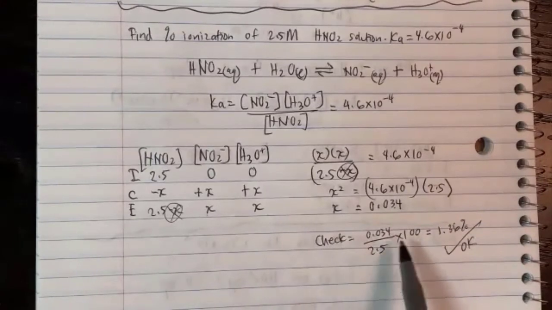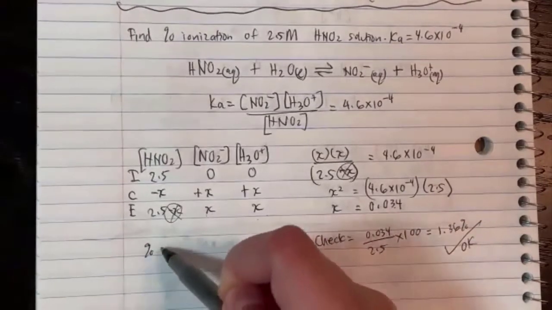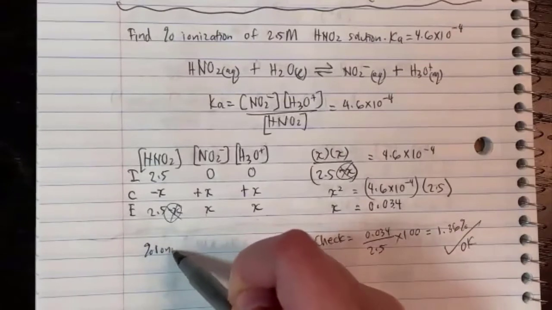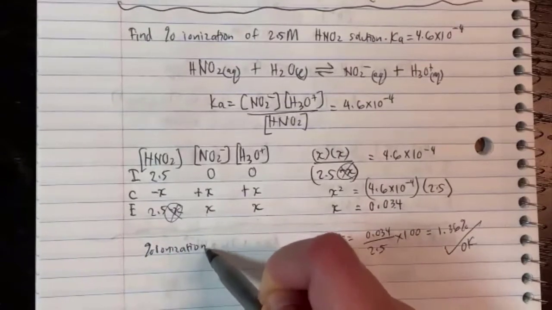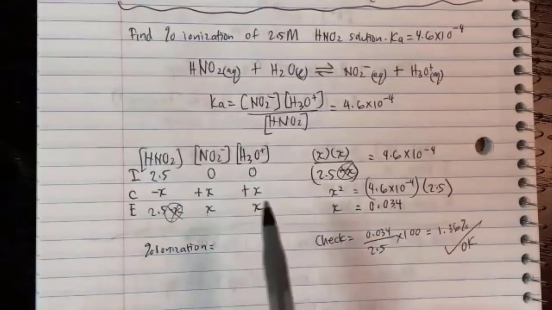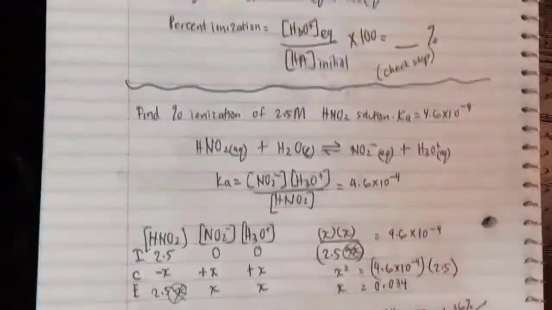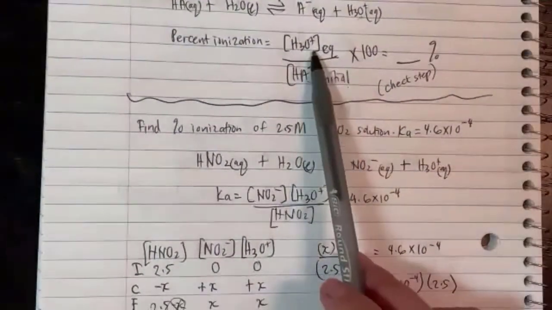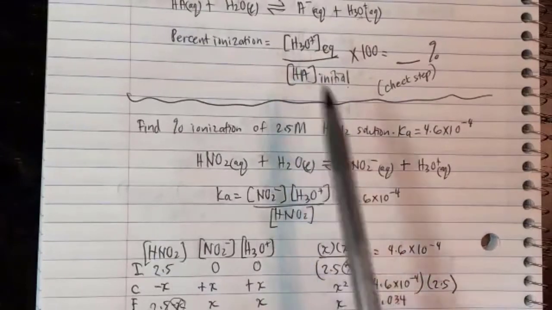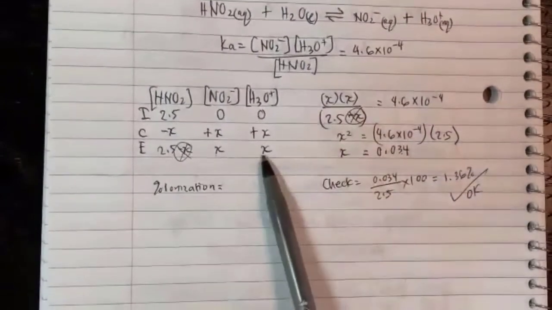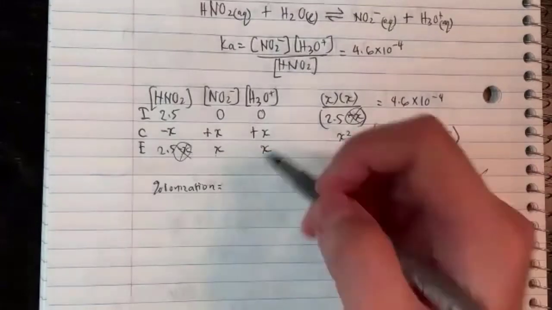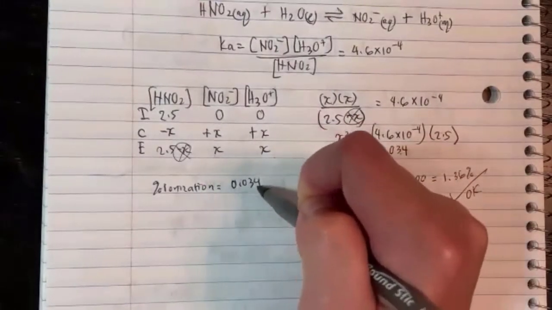So I wanted to show you exactly the same thing. So I'm going to write side by side here. Percent ionization is actually, it says up here in the formula, hydronium at equilibrium versus HA at initial, okay? What's that? That's x. Okay, let's write it down. 0.034.